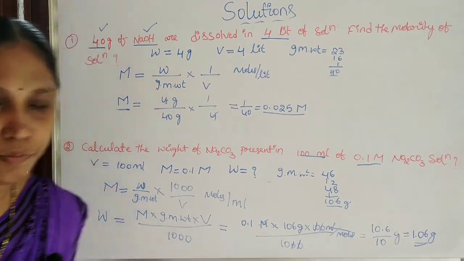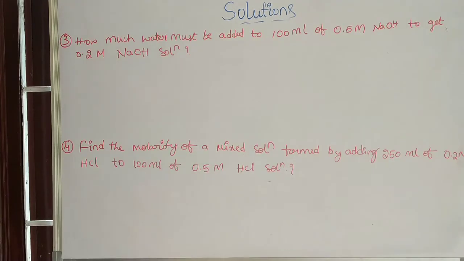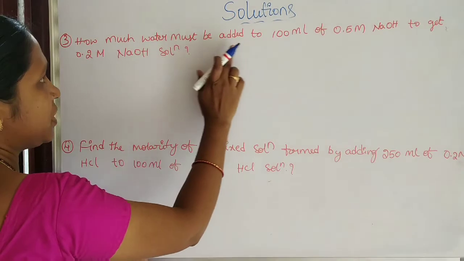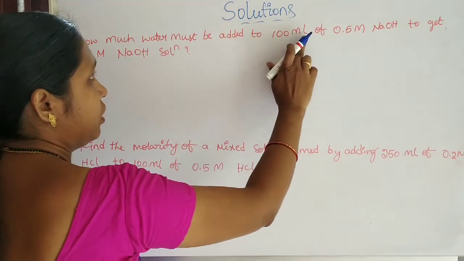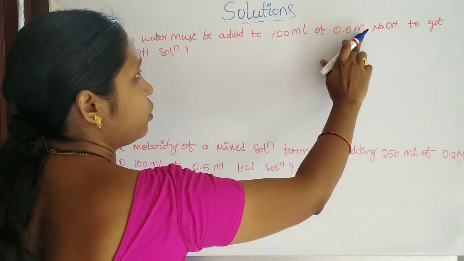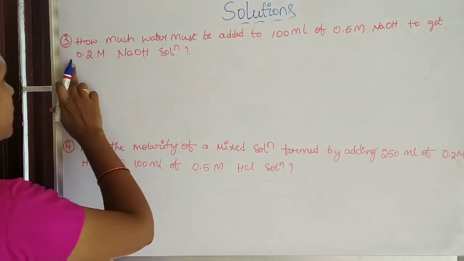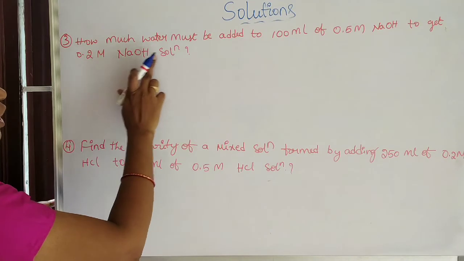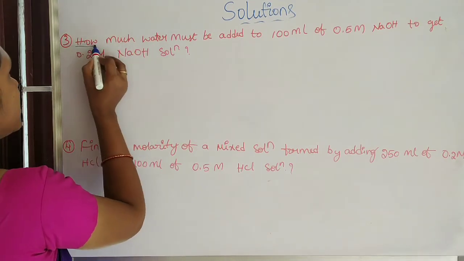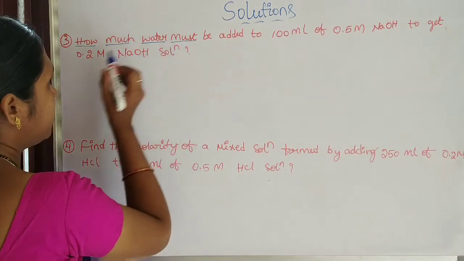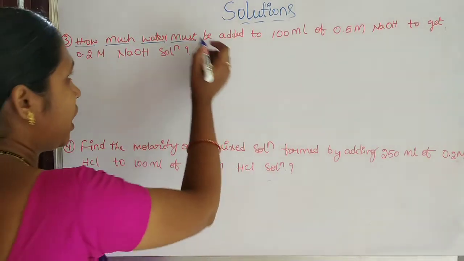Okay. See now, the third one. How much water must be added to 100 ml of 0.5 molar NaOH to get 0.2 molar NaOH solution? But he asked how much water must be added, which means dilution. Okay, what he asked?